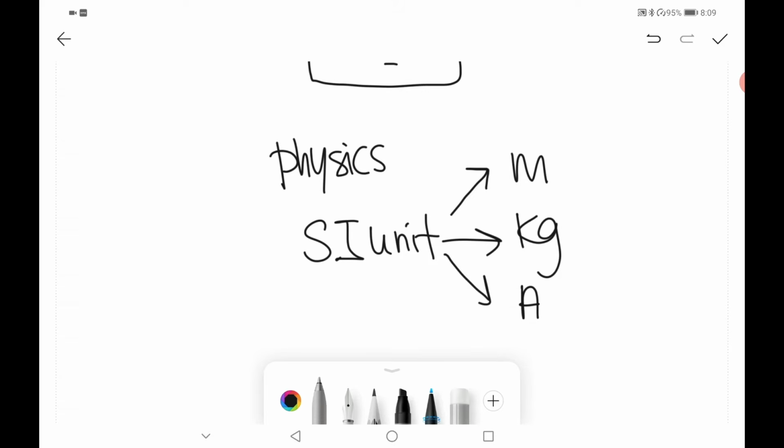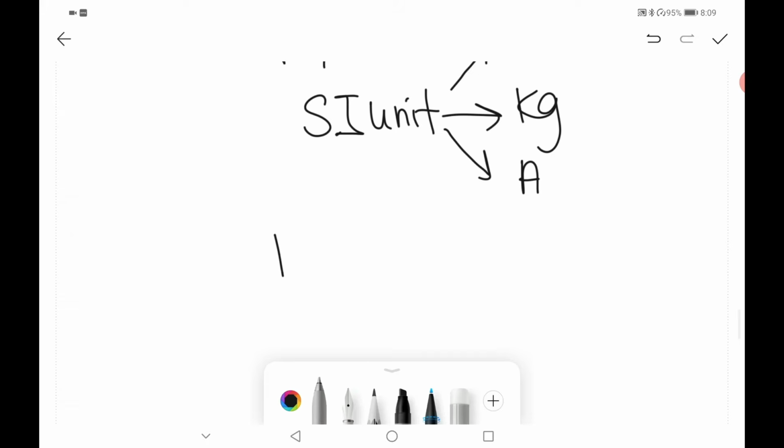So why do we need to standardize? Because it's easier. You don't want one country to use meter to measure, and another country to use its own unit, like yard, and yet another country to use a unit called stone.